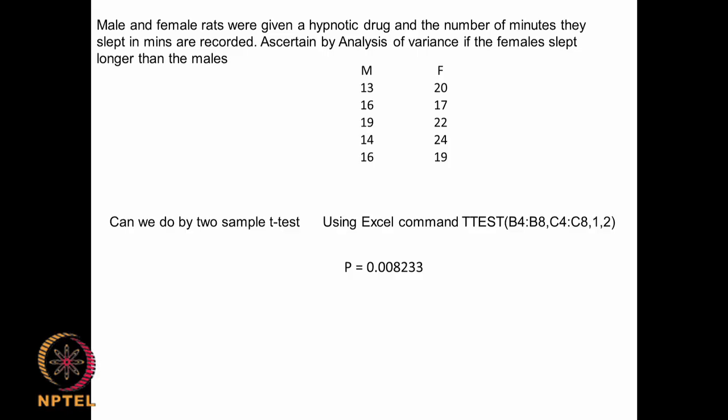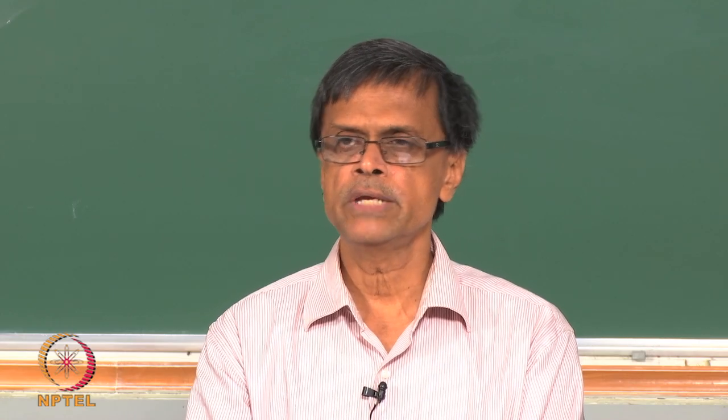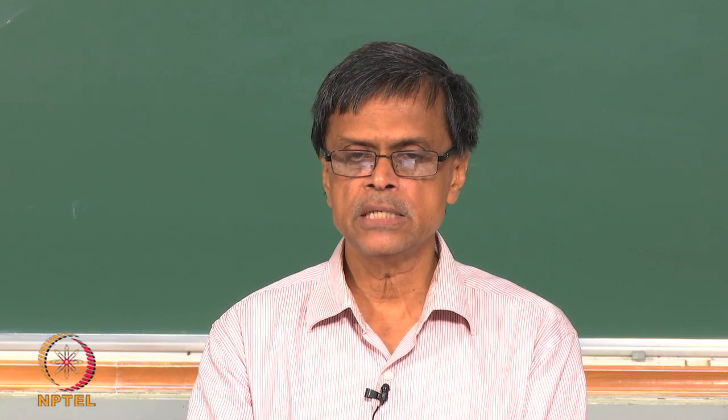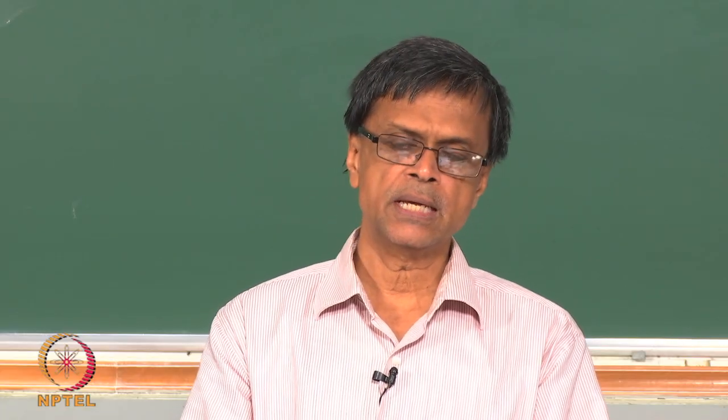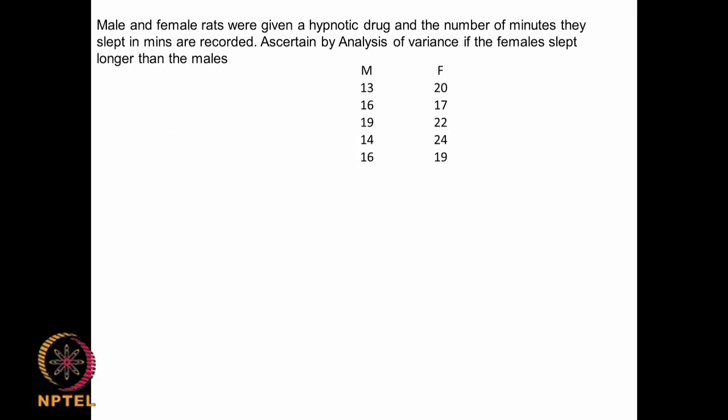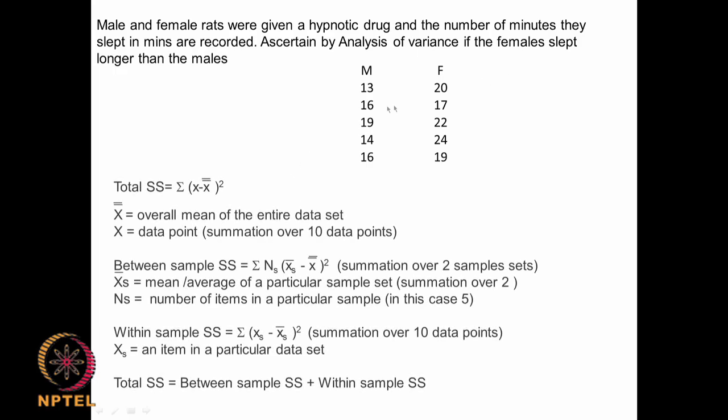So, I talked about one way ANOVA, which is very useful, quite powerful. We can compare different groups. In this particular case the groups were male and female, so the degrees of freedom was 1. Then we calculated the total sum of squares, which is calculated from the global mean.